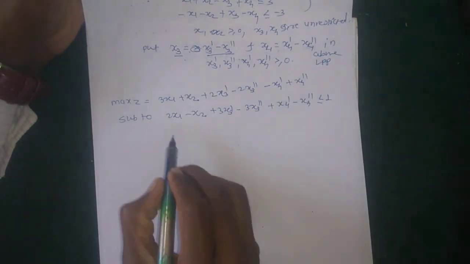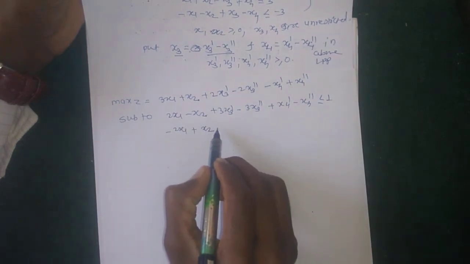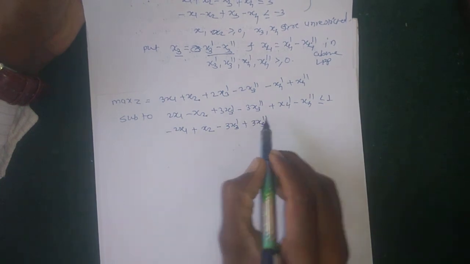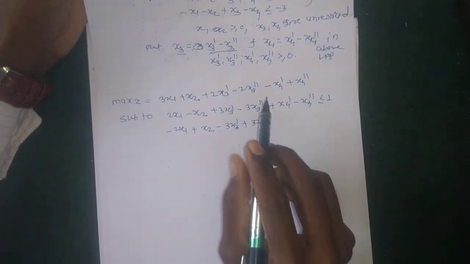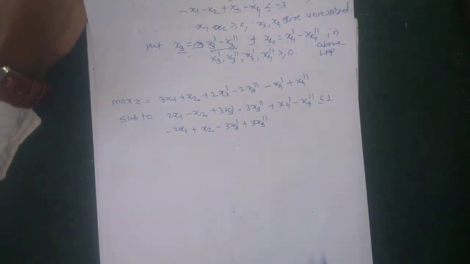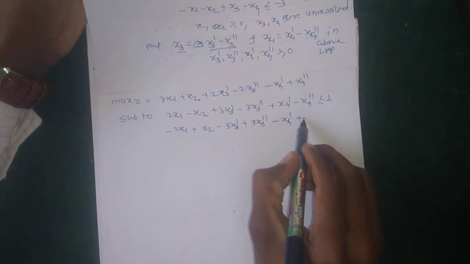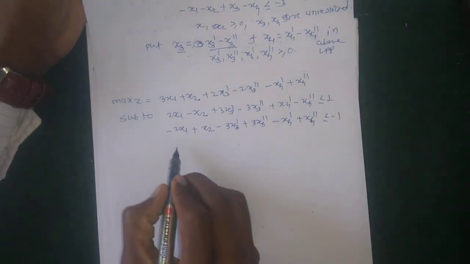The second is minus 2x1 plus x2 minus 3x3 dash plus 3x3 double dash, after putting x3 dash minus x3 double dash, minus x4 dash plus x4 double dash is less equal minus 1.